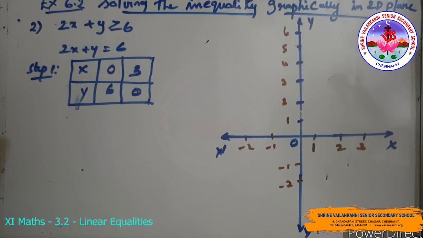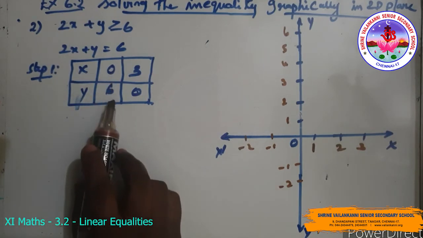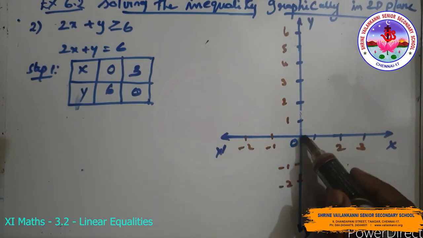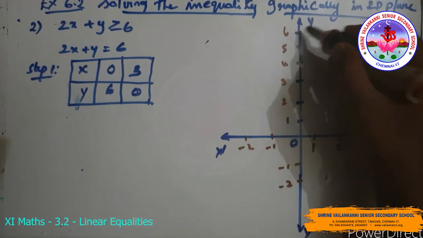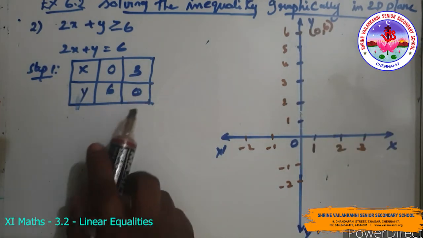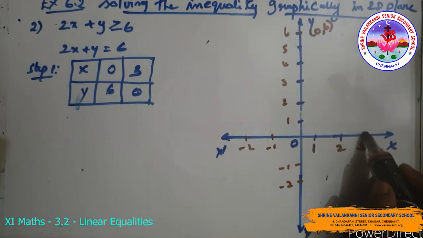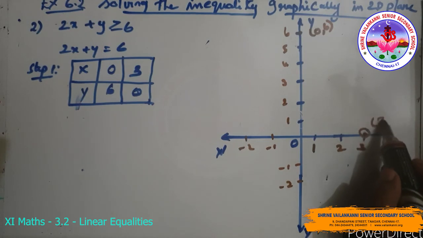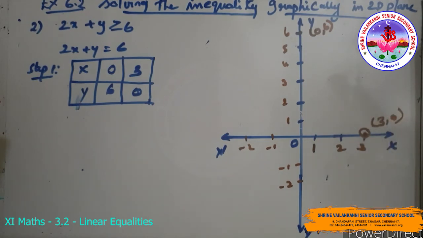Now we will draw the graph. When x is equal to 0, y is 6, that is 0, 6. And x is 3, y is 0, so 3, 0.